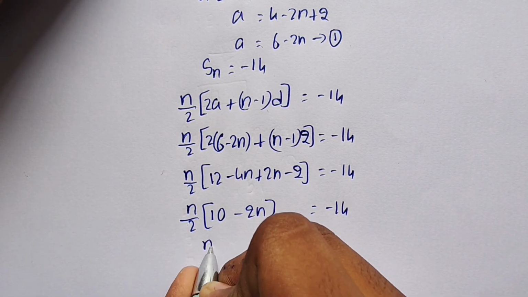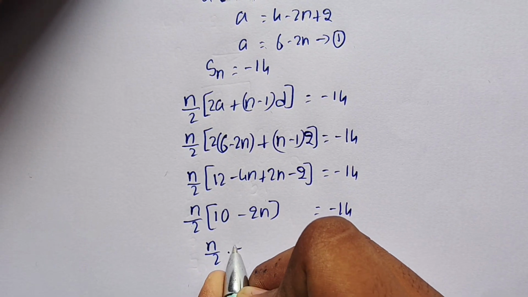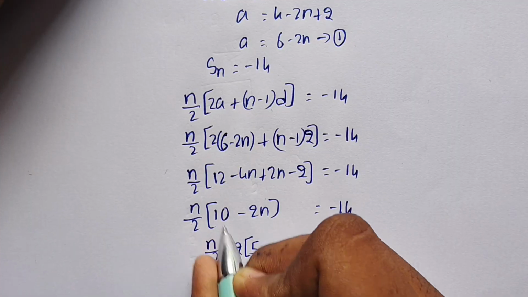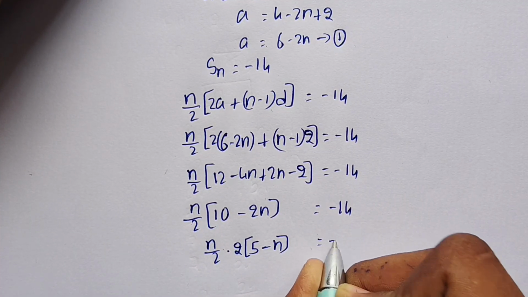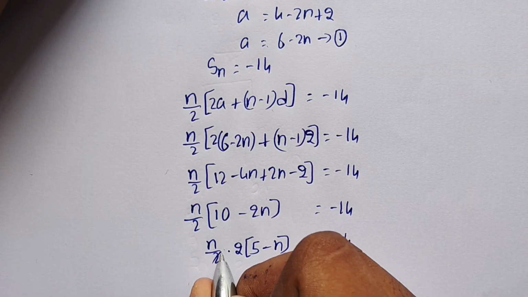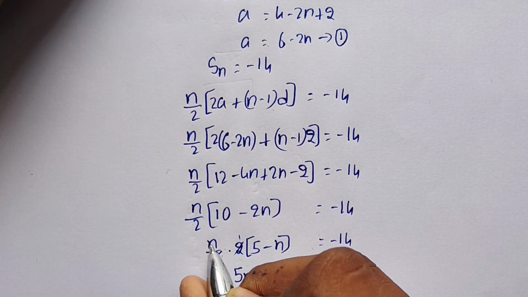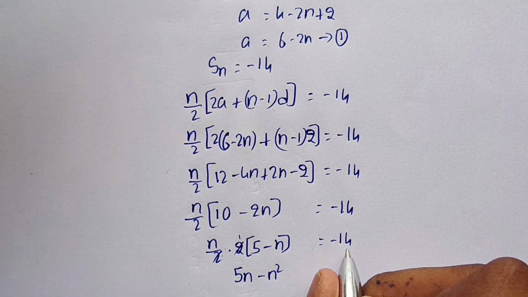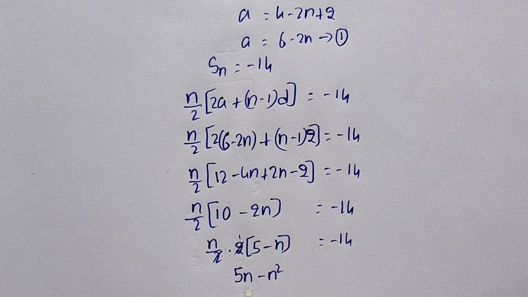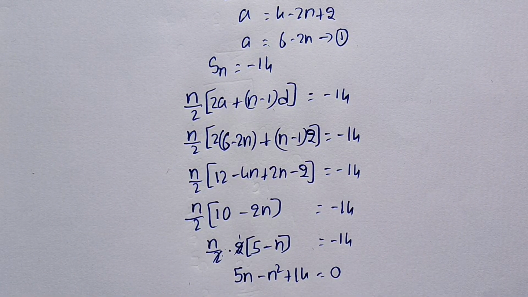Here in 10 minus 2n, I am taking 2 common. So n by 2 into 2 of (5 minus n) equals minus 14. 2 ones are 2, so n into (5 minus n), which is 5n minus n square. If we transpose minus 14 to the left side, it becomes plus 14 equals 0.